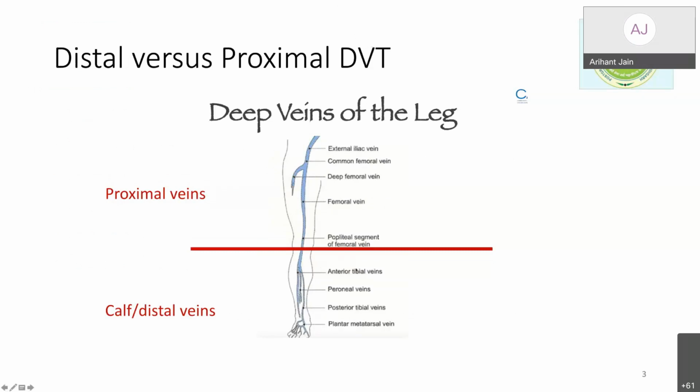As we had all read in our anatomy, this is the popliteal segment of the femoral vein in the popliteal fossa, and any thrombosis which is restricted below the popliteal fossa would be called a distal deep vein thrombosis, whereas any venous thrombosis which is extending beyond the popliteal fossa will be called proximal DVT. So these are the two things: distal DVT and proximal DVT.